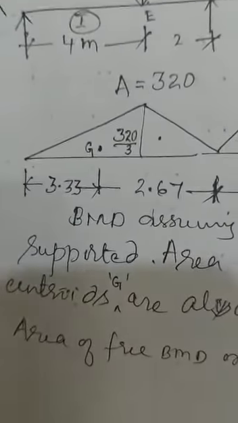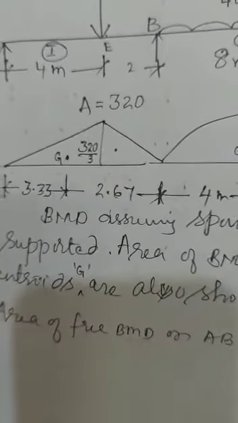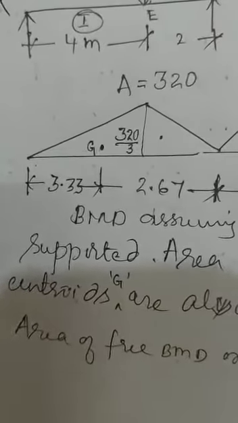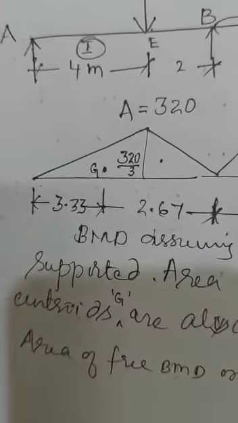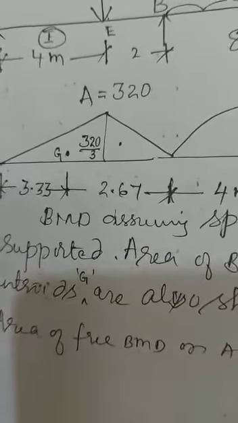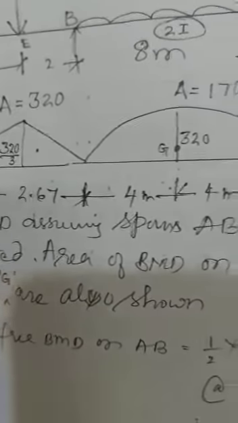The triangle on the span AB is not an equilateral triangle. It is a scalene triangle. So the distance of the centroid from the end A will be equal to a plus L by 3.